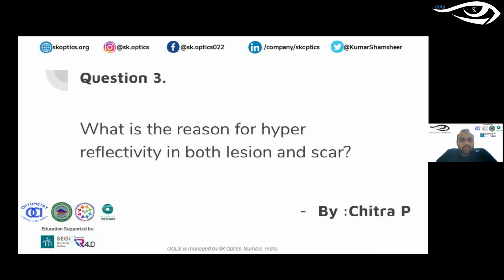So there would be some changes in the structures as well as the cells which are present. Basically, due to that, I assume that there is hyperreflectivity. But whenever there is hyperreflectivity, it is suspicious that it could be something, so it is necessary to correlate it with the clinical picture and then conclude what exactly that is.